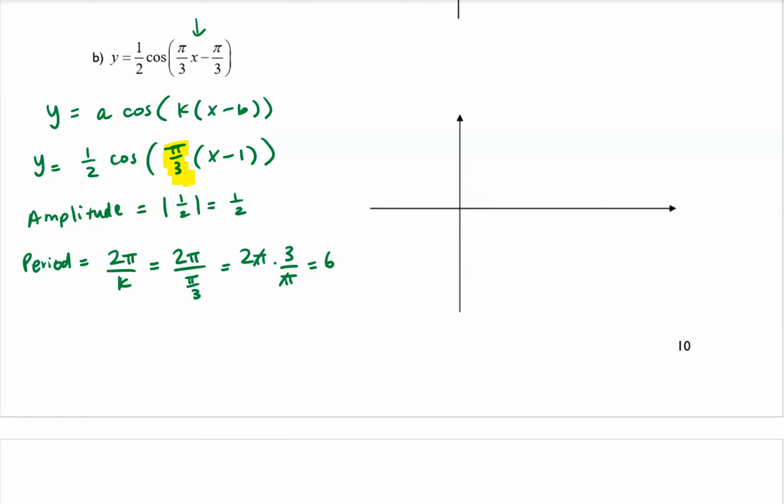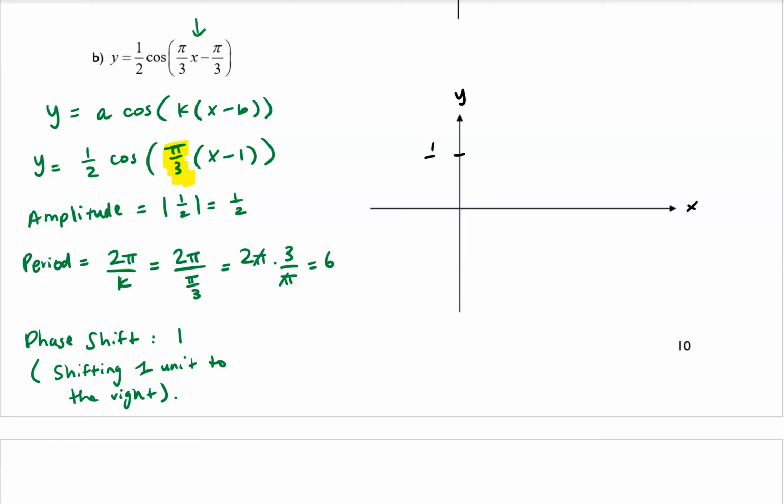And then the phase shift is the b value. So our b value is 1 in this case, and this tells us that we are shifting 1 unit to the right. Okay, so here is my y-axis, here is my x-axis.